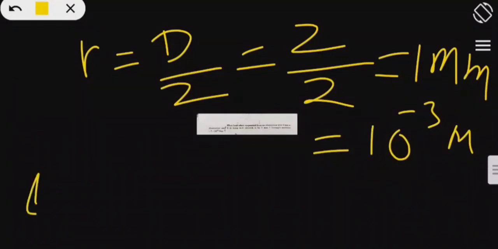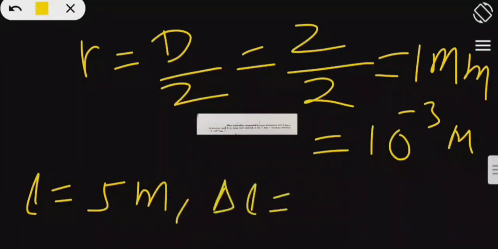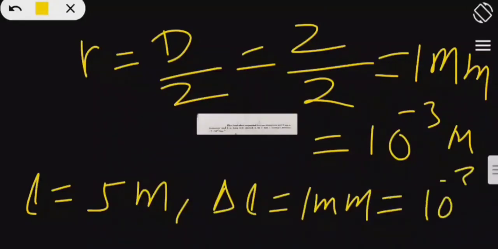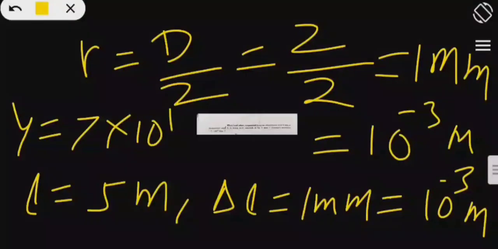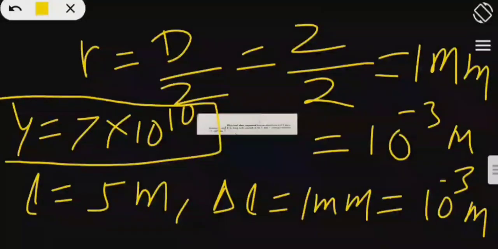Along with this, Young's modulus Y is also given: Y is equal to 7 into 10 to the power 10 Newton per meter square.